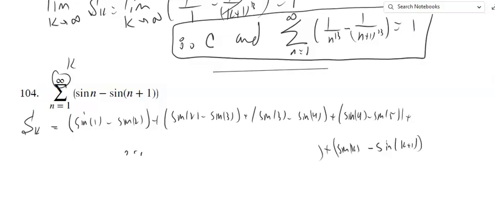The term before that will be the sine of k and the sine of k minus 1. And the term before that would be sine of k minus 1 and sine of k minus 2.